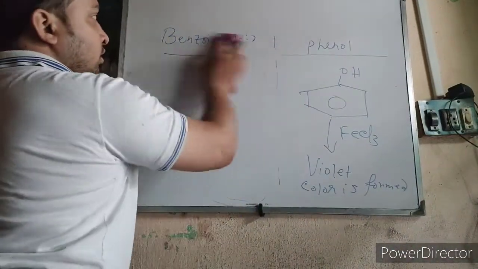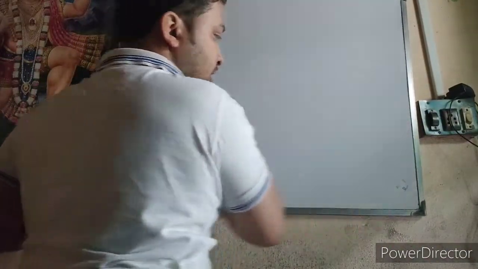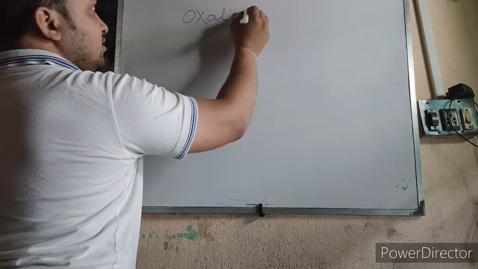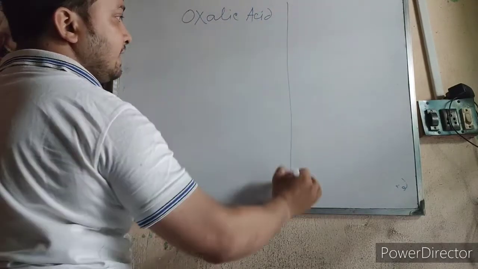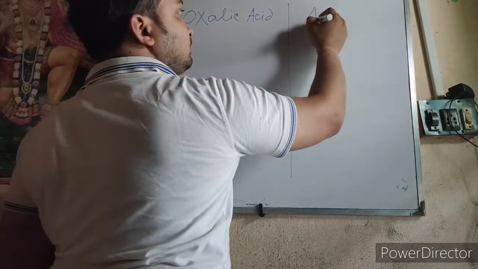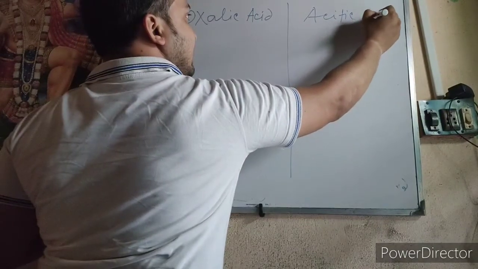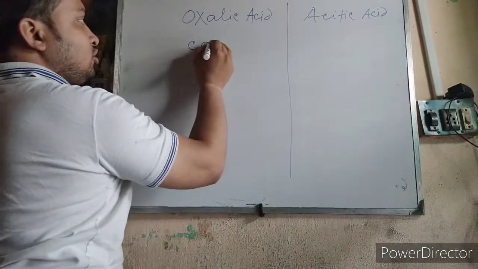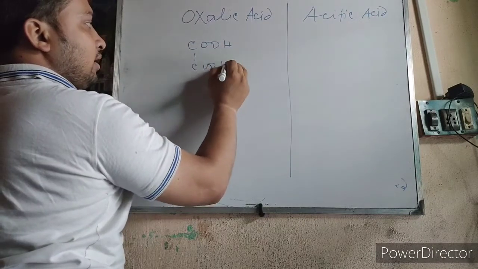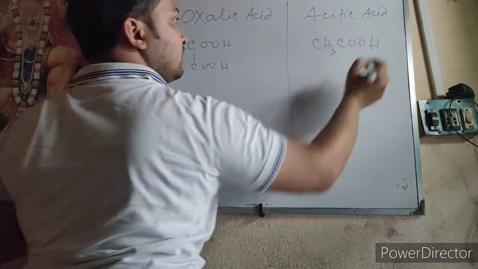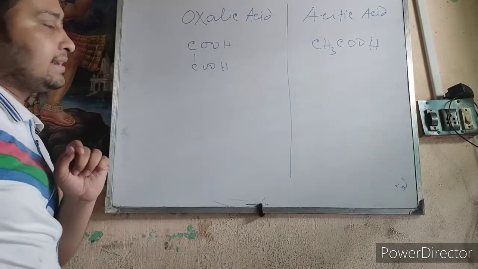Now take another. If you have oxalic acid and acetic acid, oxalic acid is COOH-COOH and acetic acid is CH3COOH.